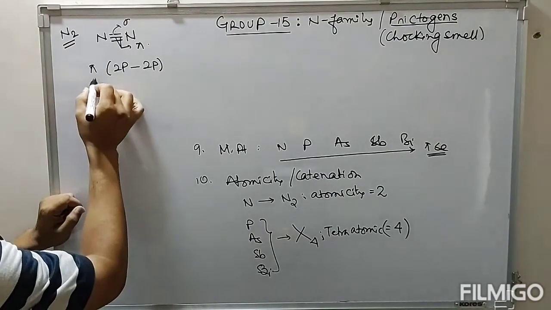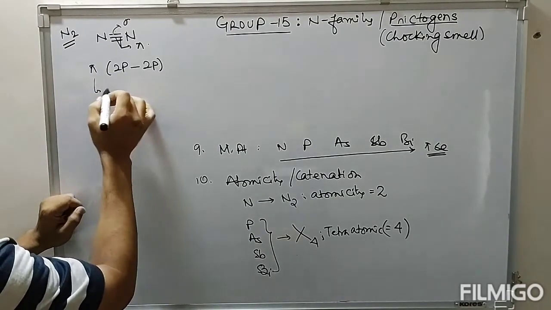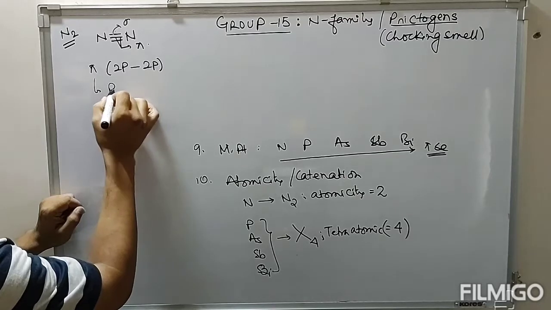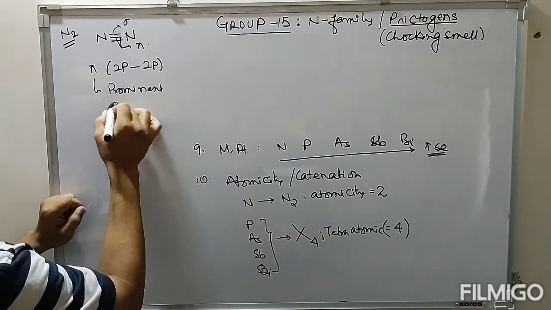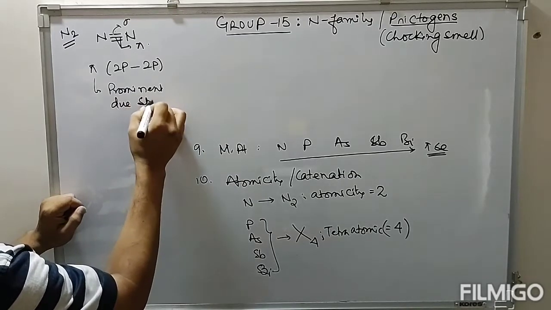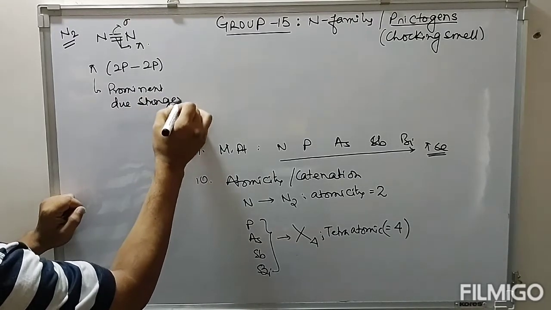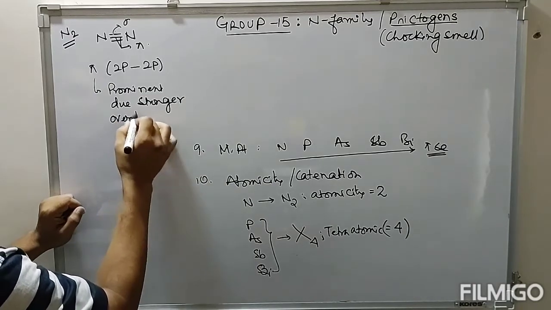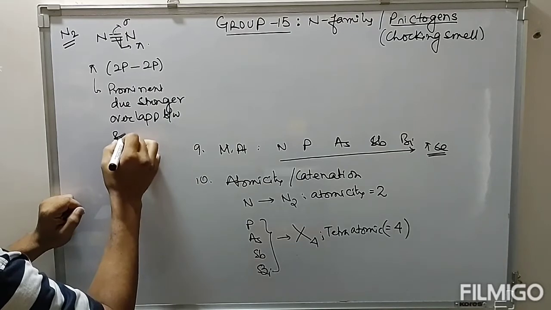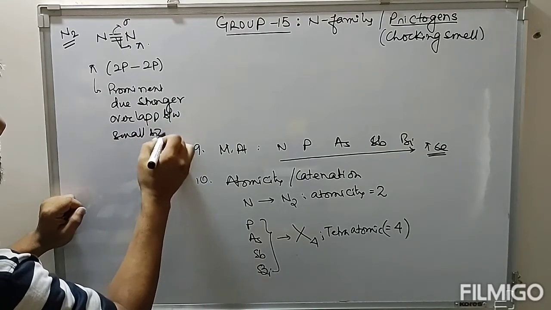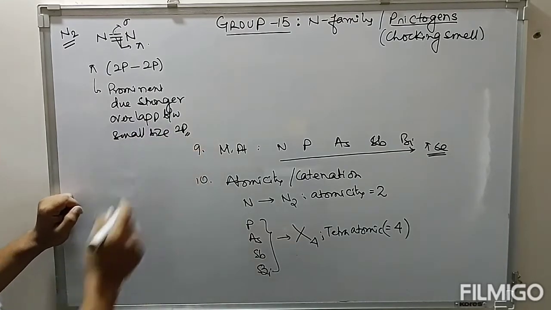So this pi bond formation is prominent due to stronger overlap between small size 2p orbitals.